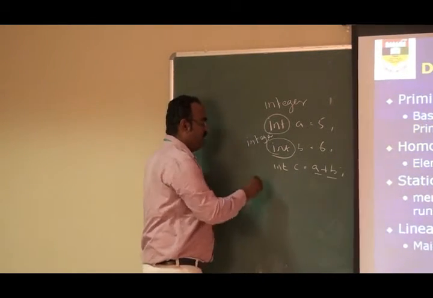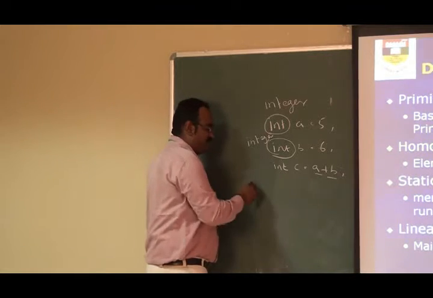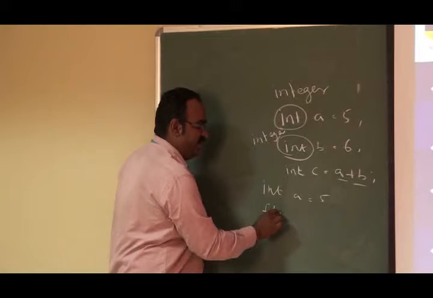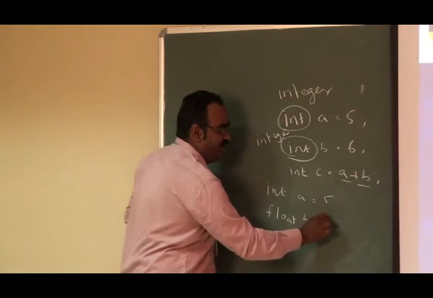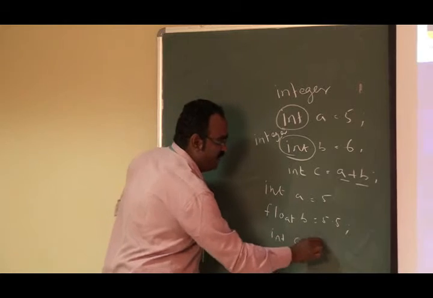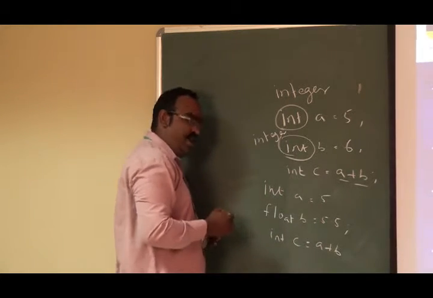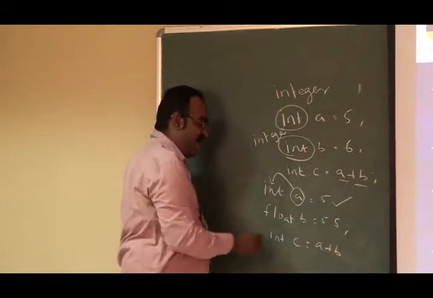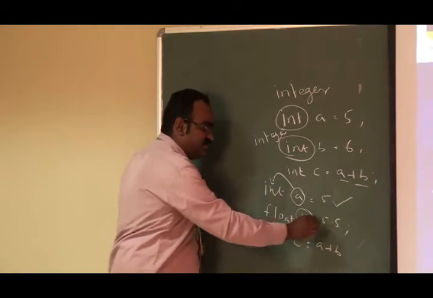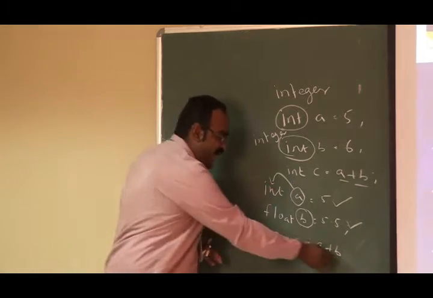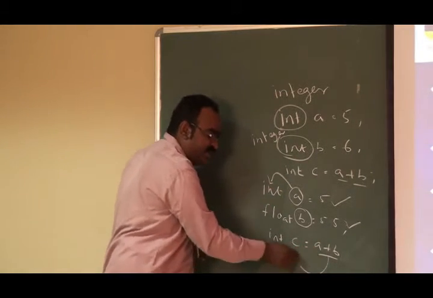Now we have integer a is equal to 5 and another data item, float b is equal to 5.5. We add the two different values, a plus b. So what happens? a is of integer data type, a whole number, and b is a floating point data item, 5.5. We add the two different data items and store the value into c.